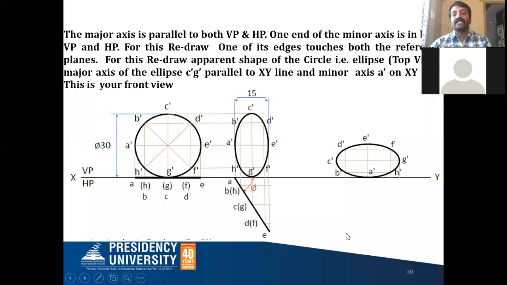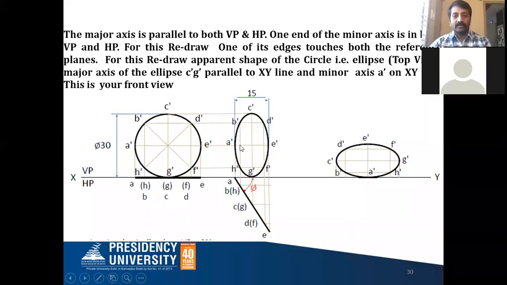After getting A dash and E dash, you can go for the box method or you can go for the arc method. If you are going for the box method, this and this distance you mark between A dash and E dash, and passing through those points you draw the perpendicular line, 90-degree line.